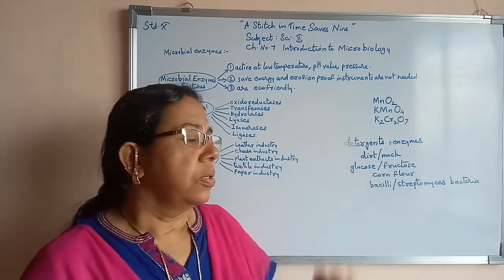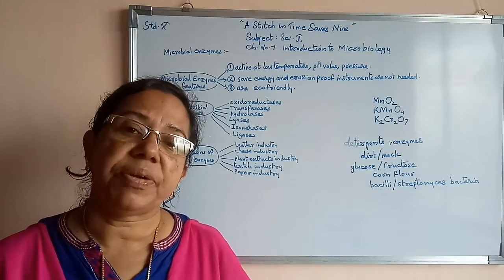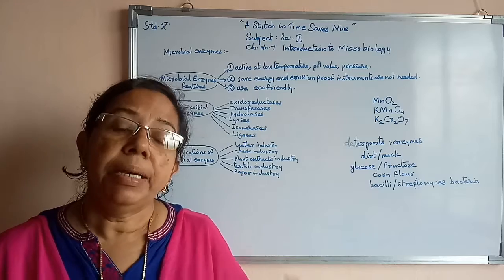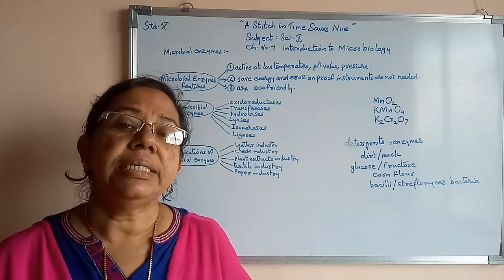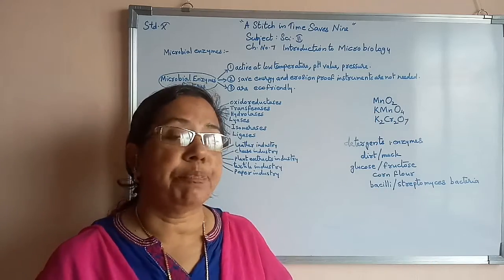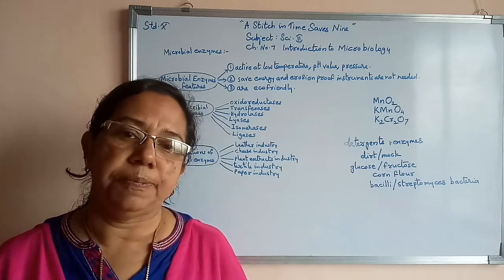Production of glucose as well as fructose from corn flour happens because of the enzymes produced by the Bacilli as well as Streptomyces bacteria.